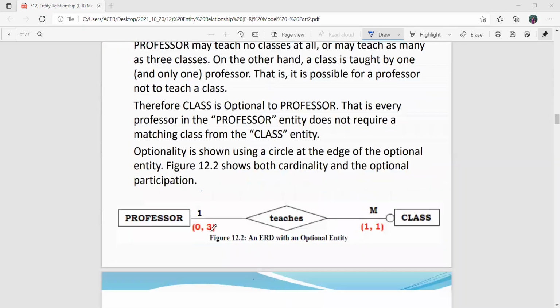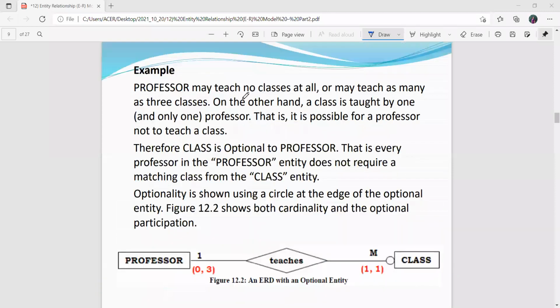When we consider the relationship between the professor and the class, the professor does not need to have any class. So it is okay to have no class. So this class is not mandatory for this professor. So this is optional.